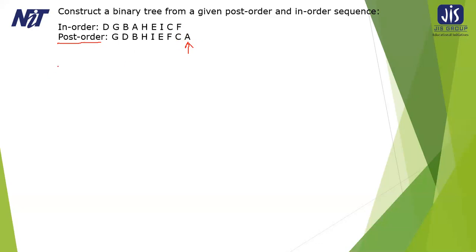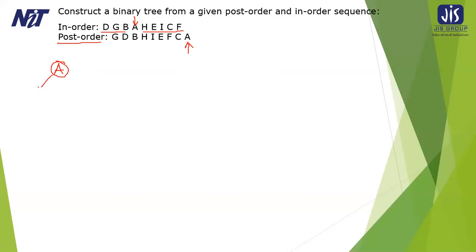So we write down, A is the root. Now find out where A is in the in-order sequence. A is over here, so all these three are part of the left subtree, and the right side all are part of the right subtree.